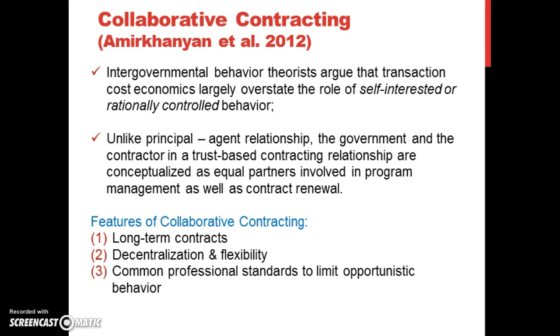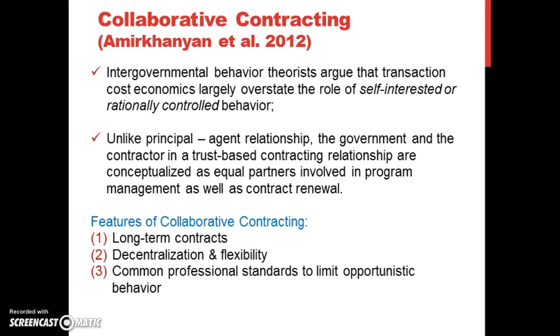Unlike the hierarchical principal-agent relationship, the government and the contractor in trust-based collaborative contracting are conceptualized as equal partners. In other words, in this collaborative contracting, the solution for contractor opportunism is to develop the trust between government and the contractor.